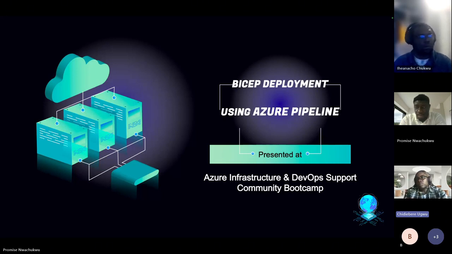Then the fifth benefit here is automation. With infrastructure as code, it helps you to automate deployment in the sense that within your pipeline file, you can set up triggers so that when code is pushed from a particular branch of your Git repo or Azure repo, depending on the repository that you are using, it triggers the pipeline to deploy that infrastructure.